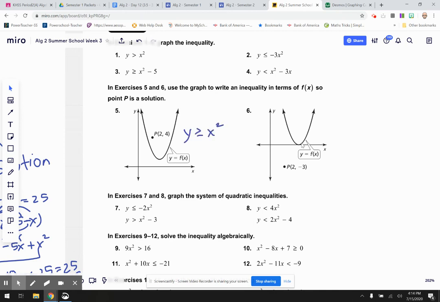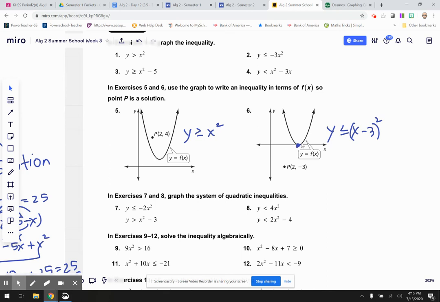Okay, and this time the point's below it, so y is less than or equal to x squared. And actually, it's over 3 units. So it's 3 to the right. So we would actually put, just because we know our transformations, x minus 3 and then squared. Okay, that's because that's over here.